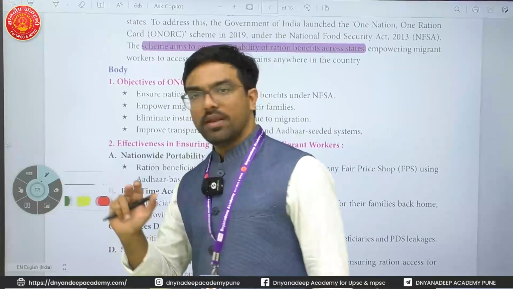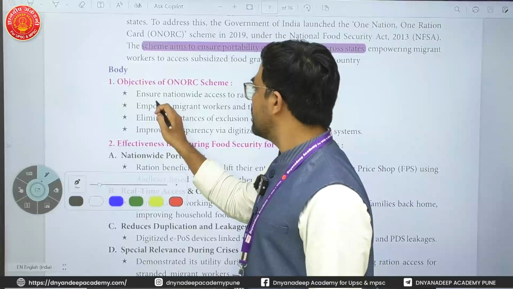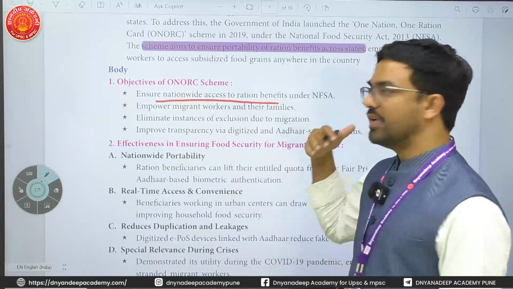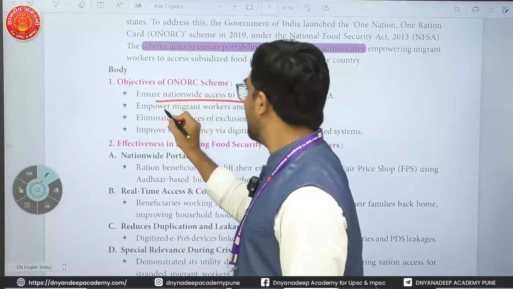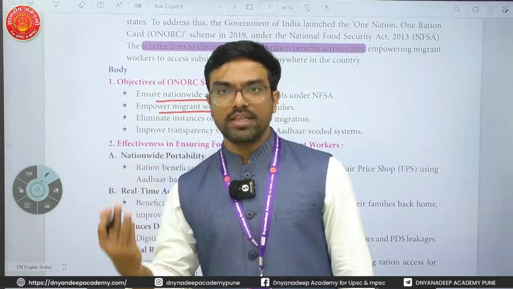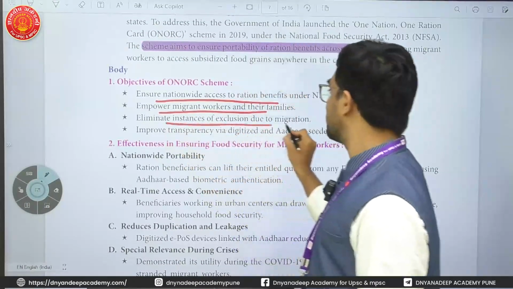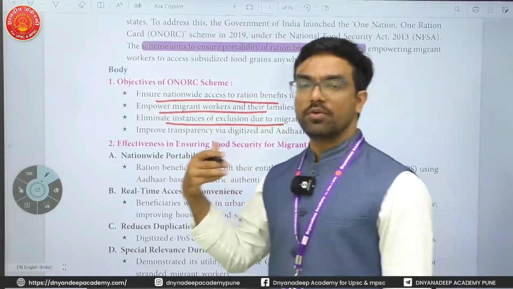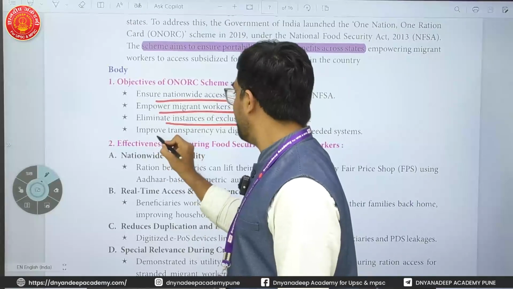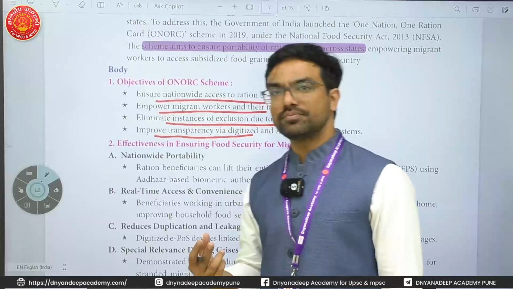In short, we can mention the objectives and features of the scheme, like ensuring nationwide access to ration benefits, right? Also empowering migrant workers and their families, making them know their rights. Eliminating instances of exclusion due to migration, eliminating inclusion-exclusion errors, and improving transparency via digitized and Aadhaar-seeded systems.